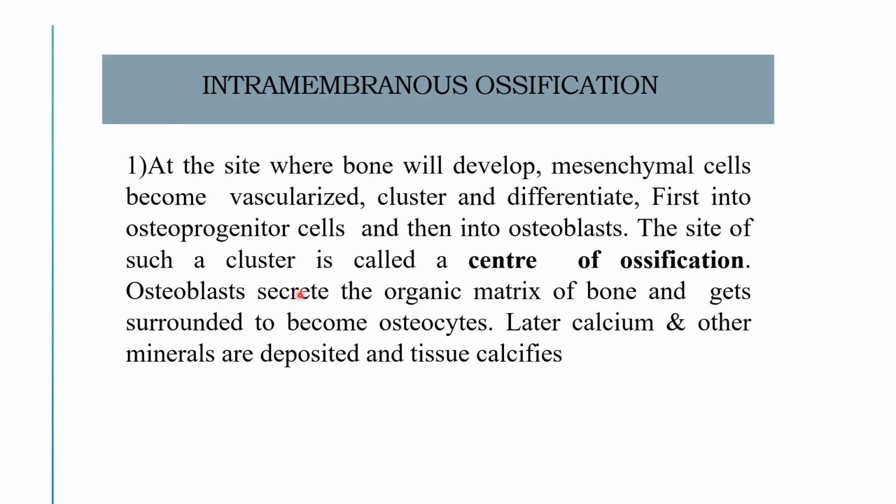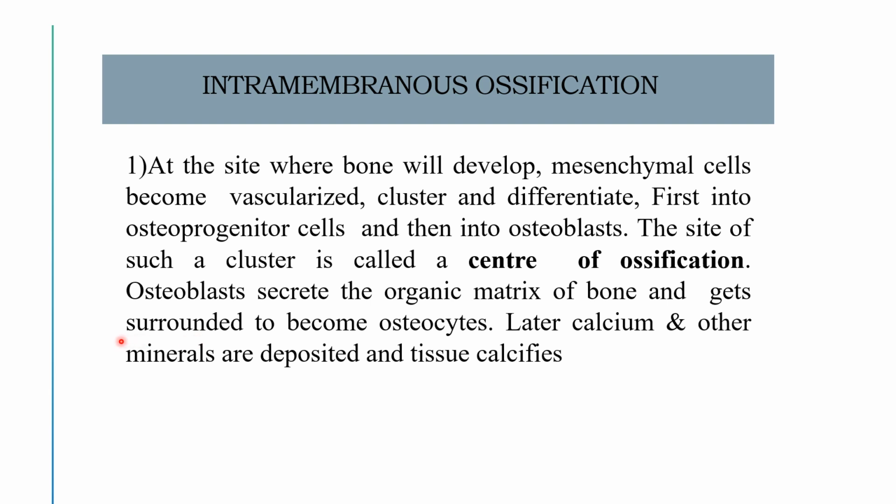If we see the intramembranous ossification, it is at the site where bone will develop. Mesenchymal cells become vascularized, cluster, and differentiate first into osteoprogenitor cells and then into osteoblasts. The site of such a cluster is called the center of ossification. Osteoblasts secrete the organic matrix of bone and get surrounded to become osteocytes.